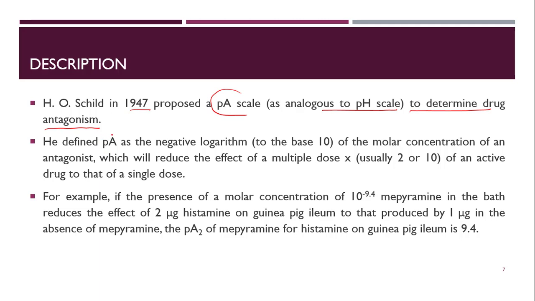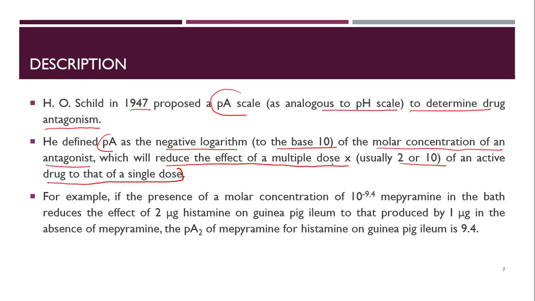He defined pA as the negative logarithm to the base 10 of the molar concentration of an antagonist which will reduce the effects of a multiple dose X, usually 2 or 10, of an active drug to that of the single dose. This definition we have already seen, but something is new here.